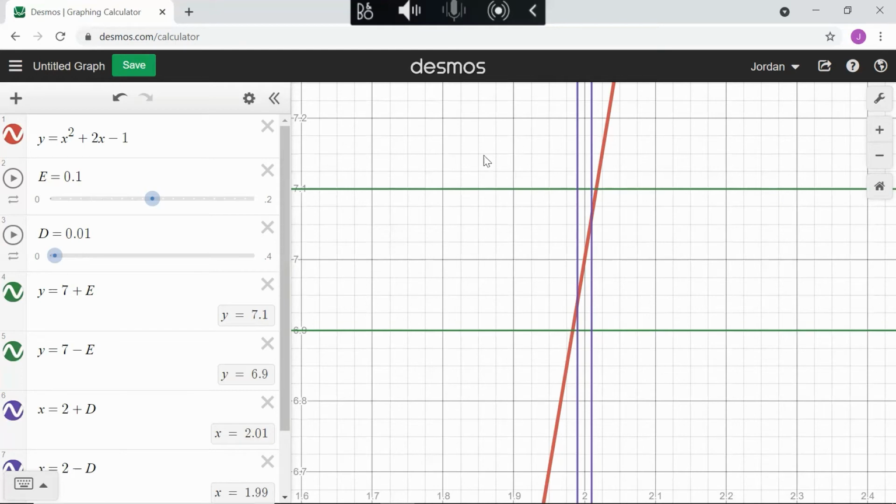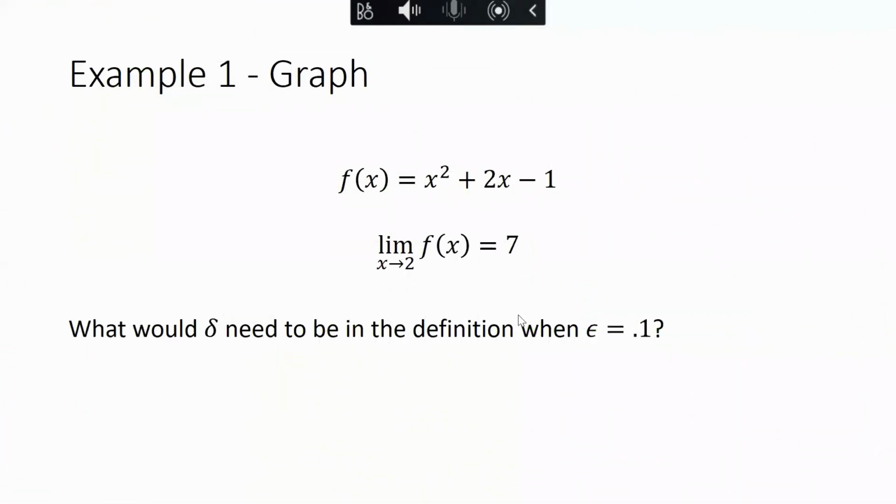Hopefully that makes sense in terms of the graph. So that was sort of a visual of what's going on. Now, the trouble with that is that it's not very precise. And obviously, if you don't get your little sliders right, then it doesn't work very well.